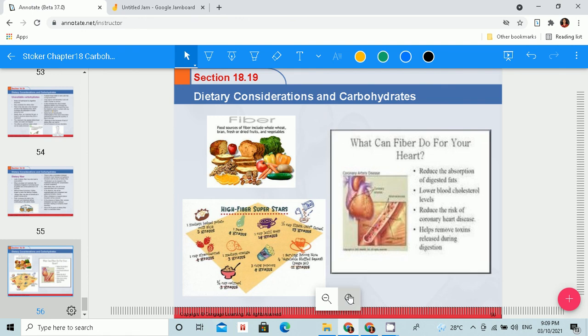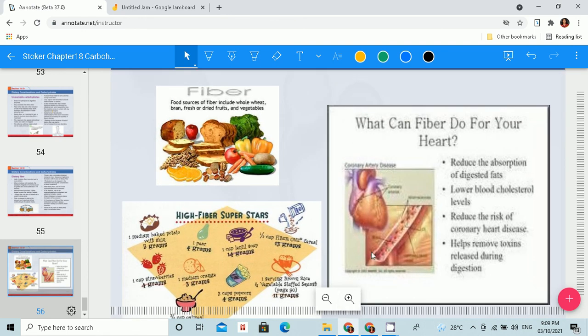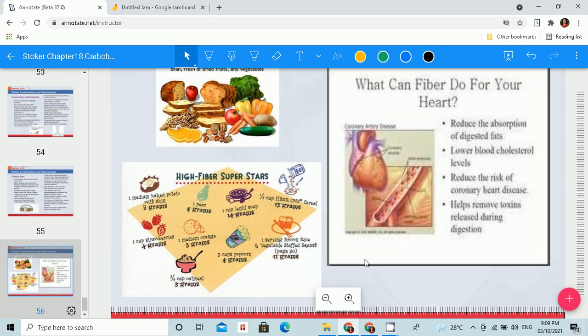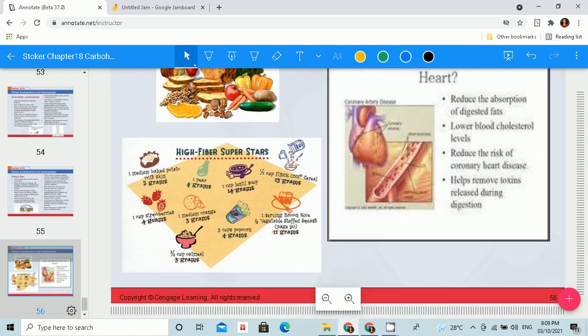Naman na siya example. Okay, potato. And then we have pear. Kung sa mani nga soup. And then we have cereals.